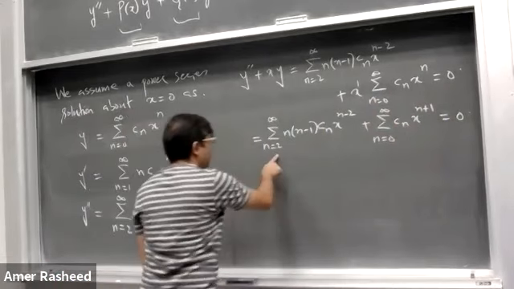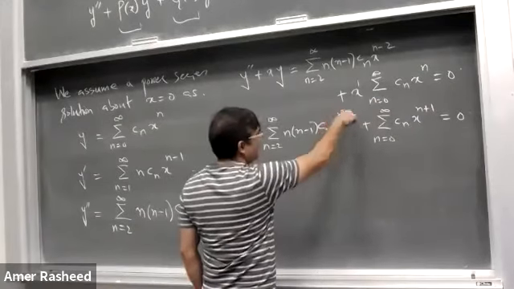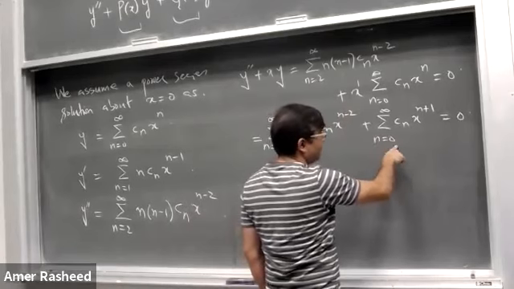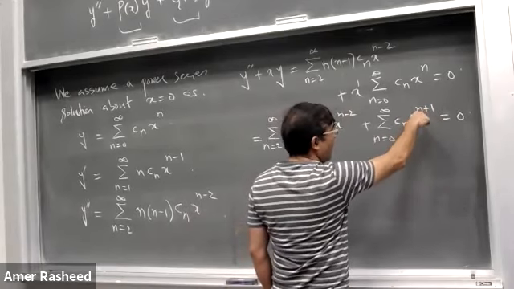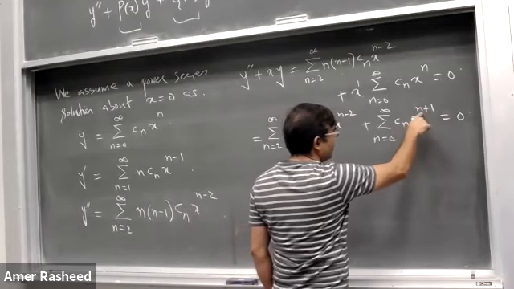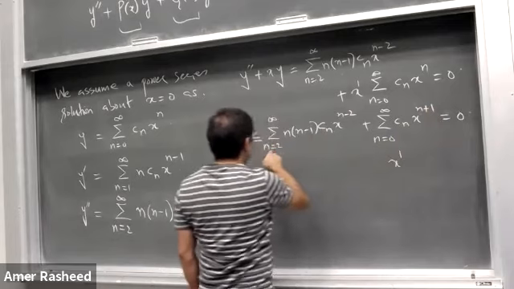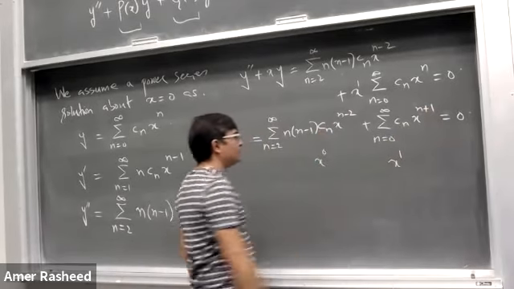Now, when we put n equal to 2 here, this series starts from x power 0. And when we put n equal to 0 in the other series, it starts from x power 1.